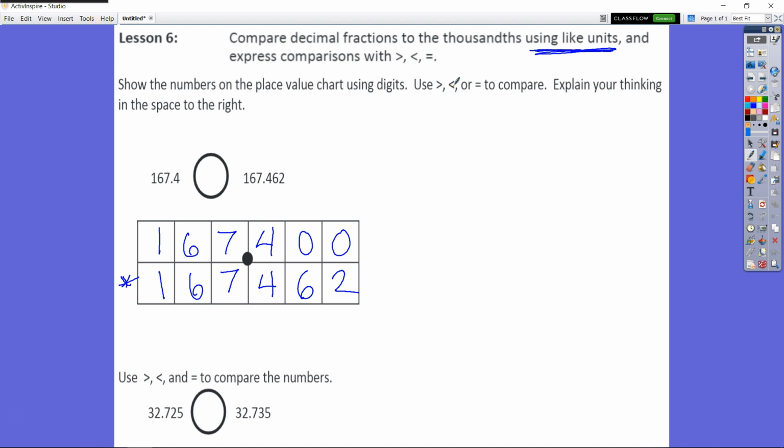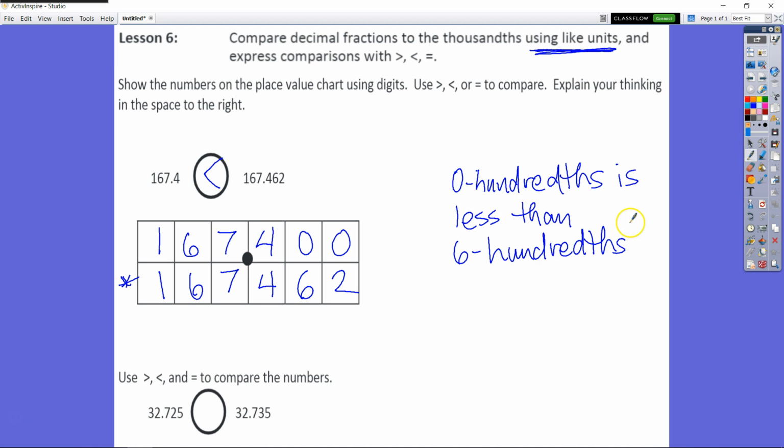Well, a quick reminder, we always want the sign open towards the bigger number. And this is saying that 167 and 4 tenths is less than 167 and 462 thousandths. All right, it says explain your thinking in the space to the right. And I can just write something along the lines of 0 hundredths is less than 6 hundredths.